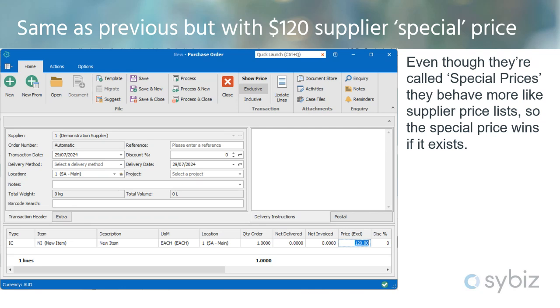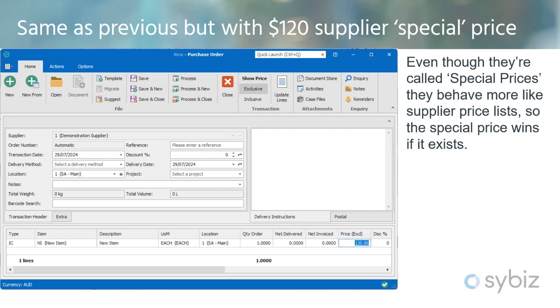So if you do have, and we see this quite often, access to purchase maybe tens of thousands of products, but you may only have 5,000 products that regularly rotate through your inventory, then it may make sense, because you don't necessarily know what a customer is going to be ordering from you, and therefore you don't know what you're going to be ordering from that supplier with tens of thousands of items, to have your supplier price list imported into the system, and you can control them by expiry dates and things like that as well.